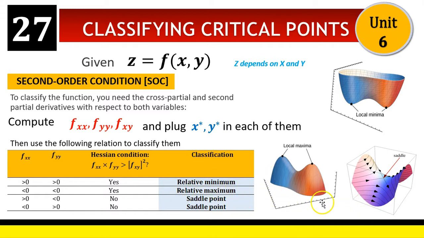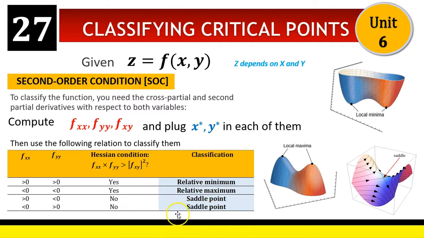Notice that in this particular case, because we have two variables simultaneously, this is a three-dimensional graph. Finally, we add one more classification in which if the second partial of one of them is greater than 0, but the other second partial is less than 0, then our point will be neither a minimum nor a maximum.